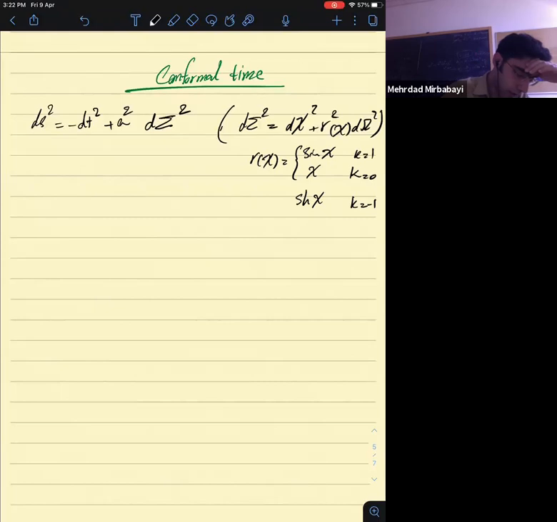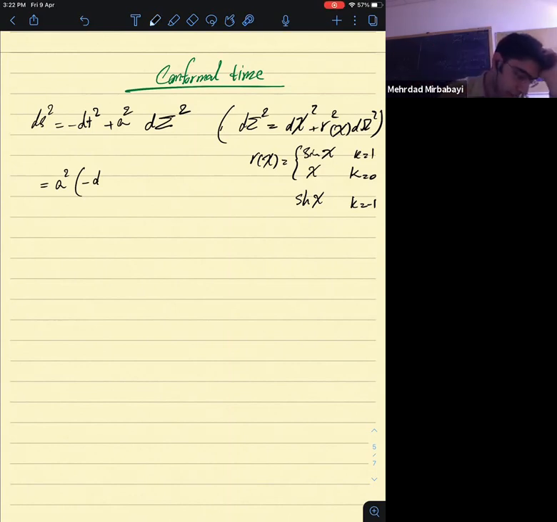Okay, so what is conformal time? We introduce this so that we can write this metric in a way that, at least in the t chi part, the metric looks like the flat 2D Minkowski metric.